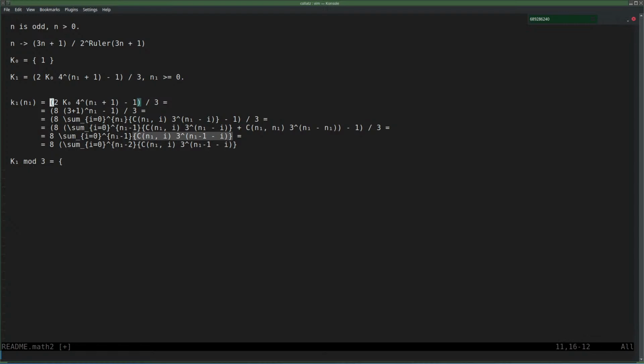What did I do wrong? I mean, for n is 0, this must give 5. So this is 4 to the power 1 is 4 times 2 is 8 times 1 minus 1 is not good. I must get 16 here.